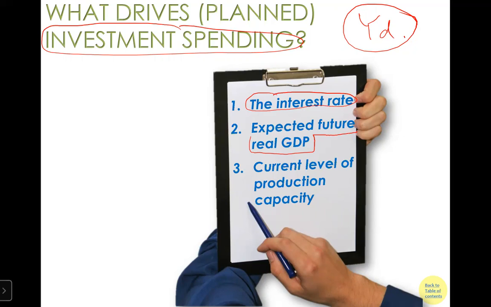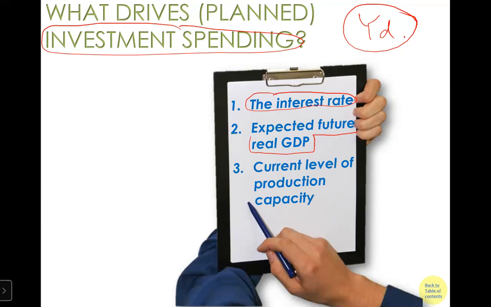Let's think about the business, right? Because you know that the demand is going high in the future. Now the third factor is the current level of production capacity. What this means, just look around. We have so many local businesses that have been constrained and partially open due to the pandemic.